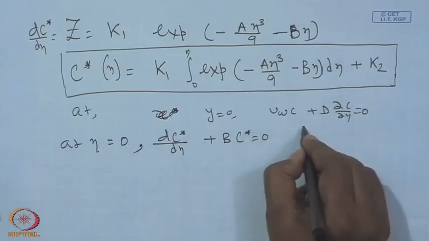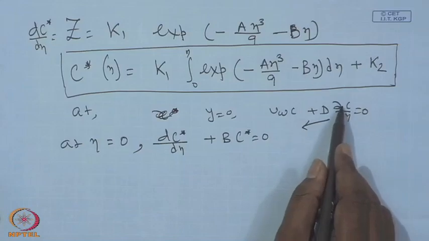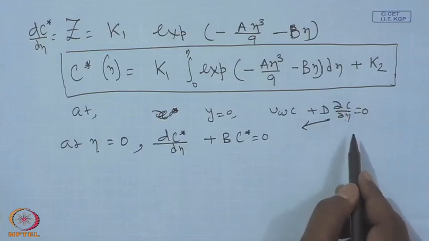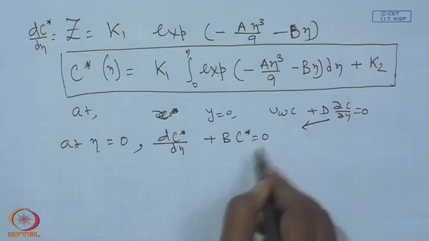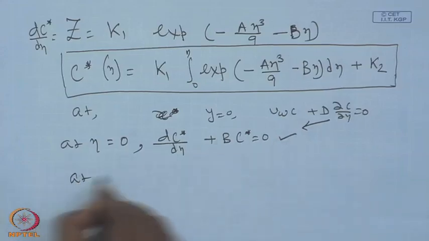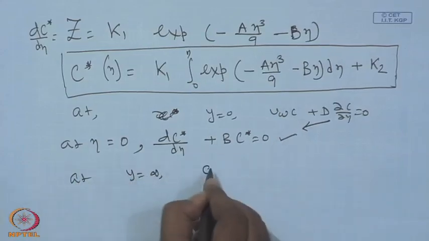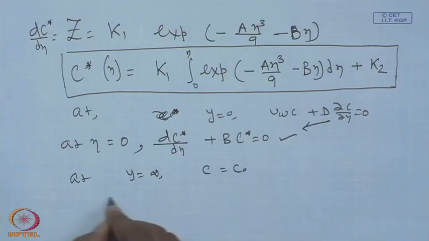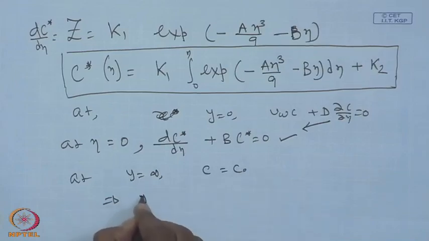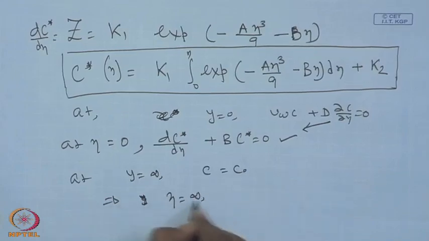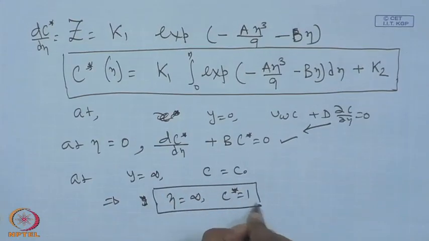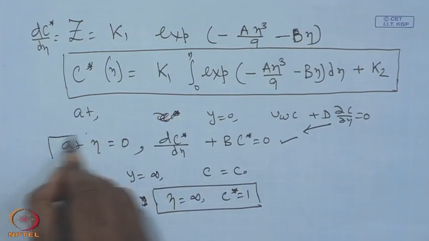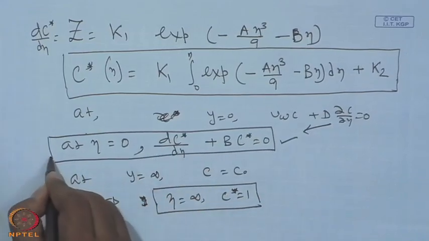To get from here to here, I expressed del c del y in terms of d c star d eta, and I omitted a couple of steps to get this equation. And at y equal to infinity, we had c is equal to c naught. So, at eta equal to infinity, we had c star is equal to 1. So, this is boundary condition 1, and this is the second boundary condition at eta equal to 0.